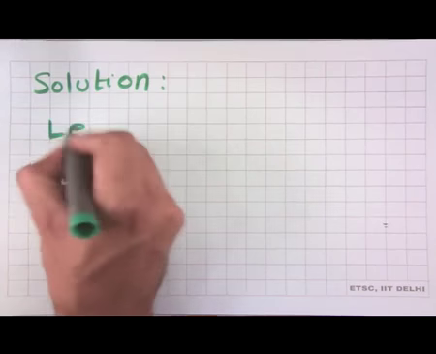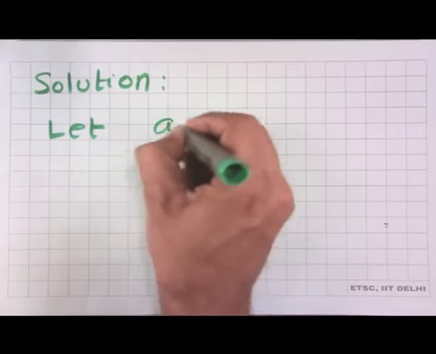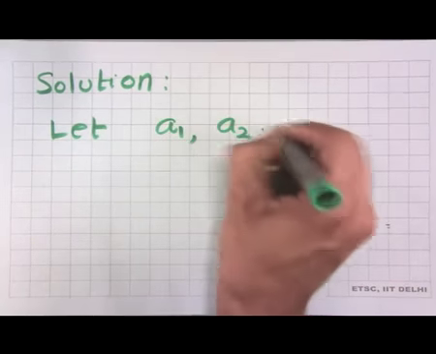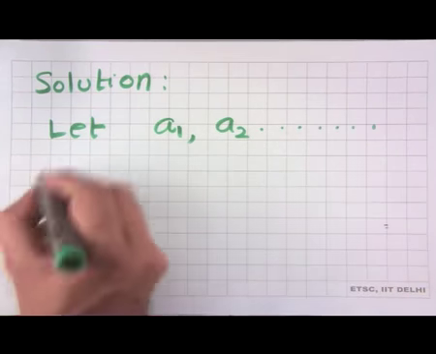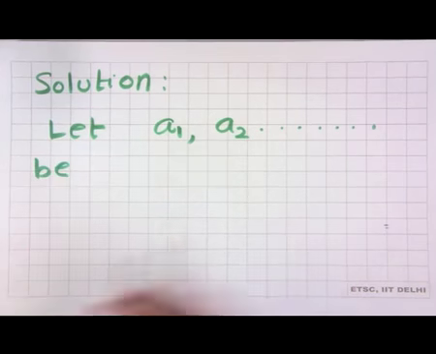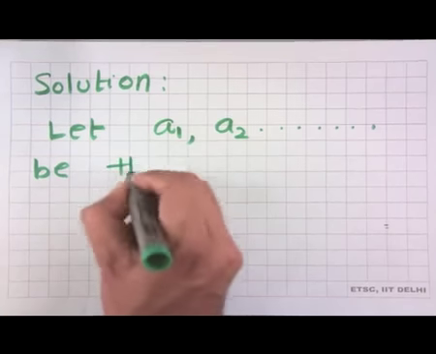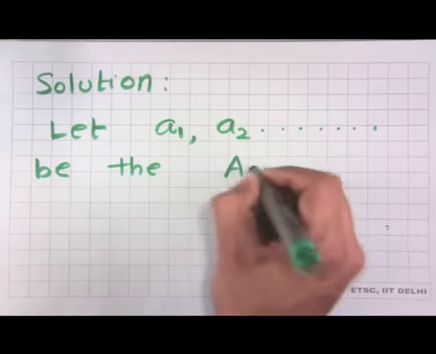Let A1, A2 and so on be the arithmetic progression.